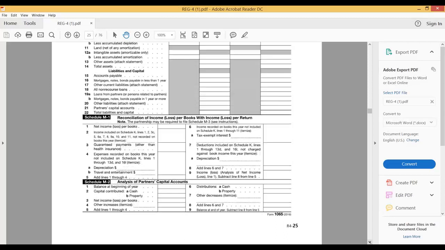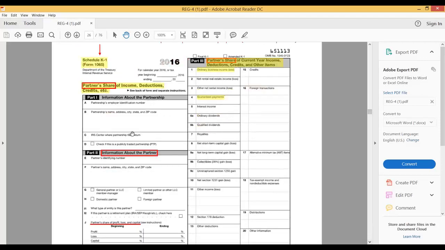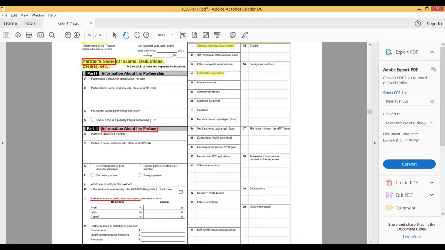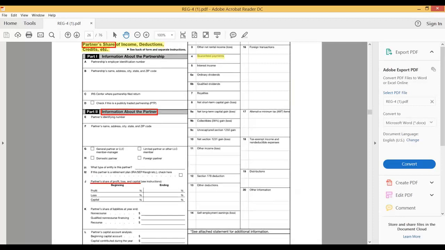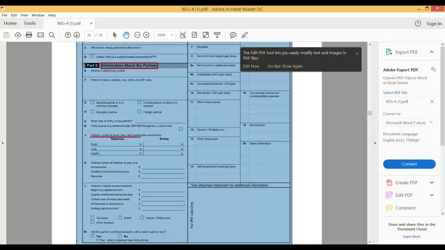So coming from there, this is your Schedule K-1. When we did S corporations, we also saw that the shareholders there had a Schedule K-1. The Schedule K-1 here, again, is separate for each partner, where you have the partner's share of information, followed by what type of entity it is, and the partner's percentage of profit and loss sharing.